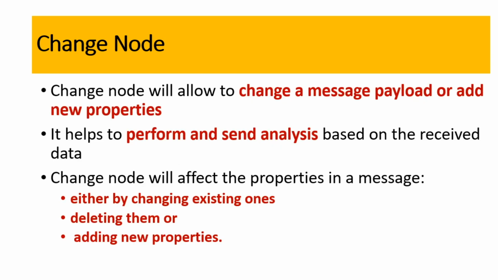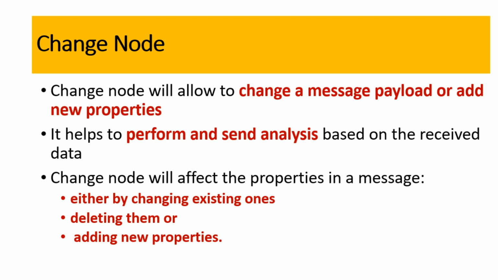Next we are going to work with a change node. The change node will allow us to change a message payload, or it helps us to add new properties. For example, in our previous content, we just pushed the data whatever was received from the Hive MQ.